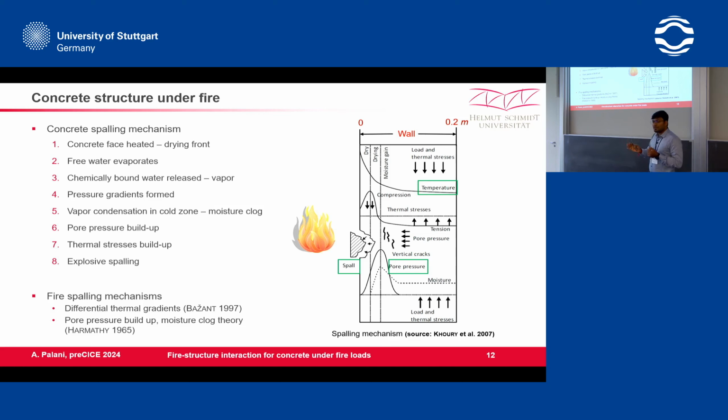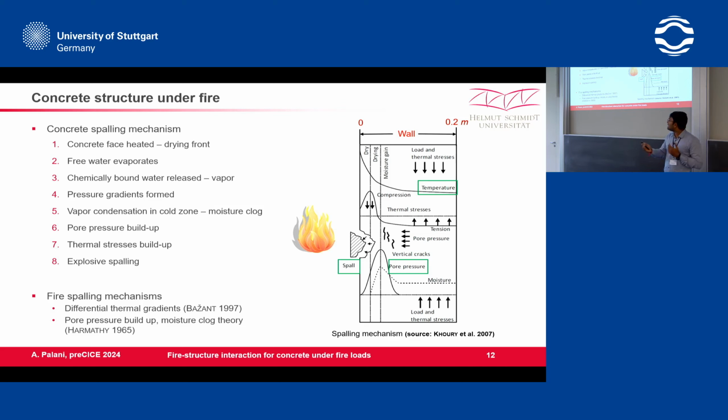The water vapor that is escaping towards the wall or inside the wall, after some point due to the large temperature gradient, condenses and creates a moisture clog, and this moisture clog increases the pore pressure, which increases the thermal pressure as well, and as a result we get a chunk of material that falls down from the concrete structure. This process we call spalling.